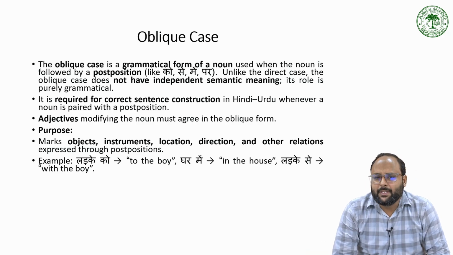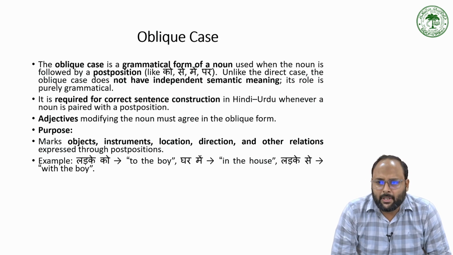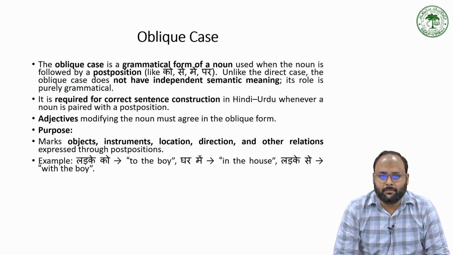The oblique case means any noun which is followed by a postposition. So they have some changes in the base form or the unmarked form. Unlike the direct case, the oblique case does not have independent semantic meaning. Its role is purely grammatical.